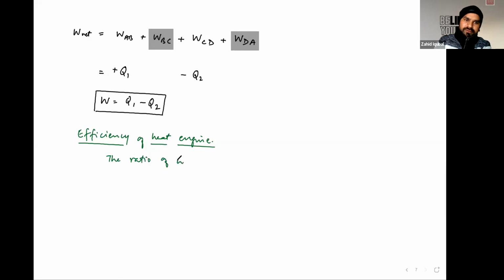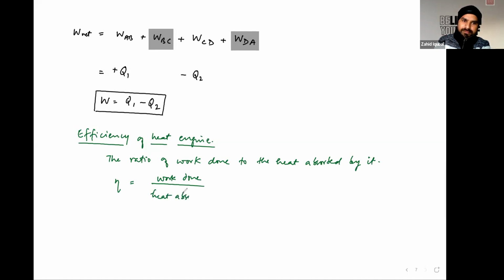So we may define efficiency of heat engine as the ratio of work done to the heat absorbed by it, denoted by eta. So it will be net work done during this entire process divided by heat absorbed.